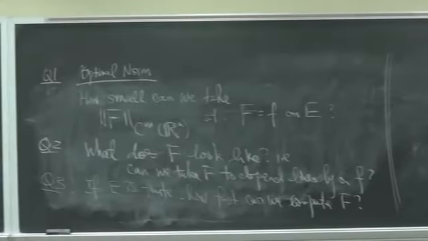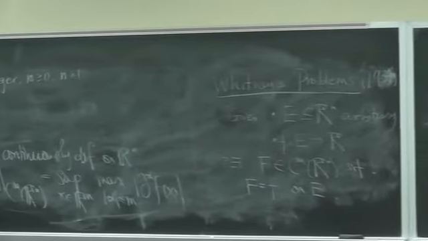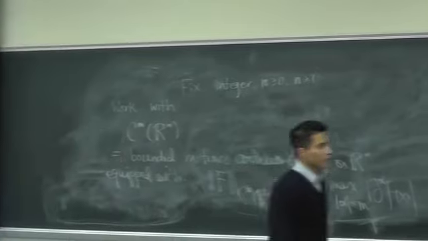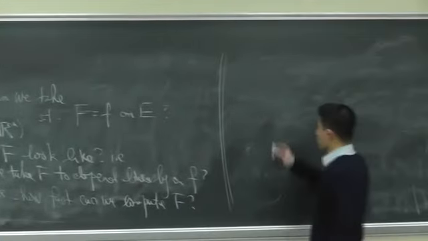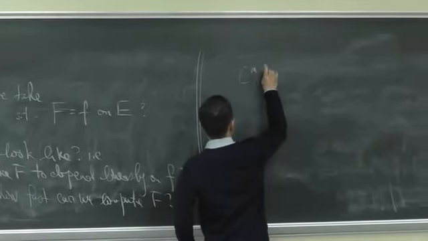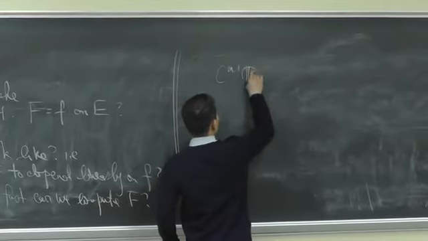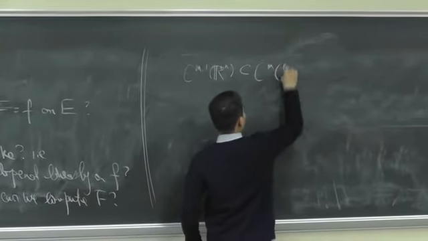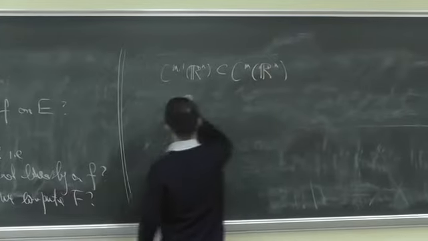If you fix the function space, that's why I asked the question. You said yes. That's the class of problems that you can study. You can change the setting a little bit. The other function space that we will work with, instead of C^m, is C^{m,1}(R^n), which is a subspace of C^m(R^n).